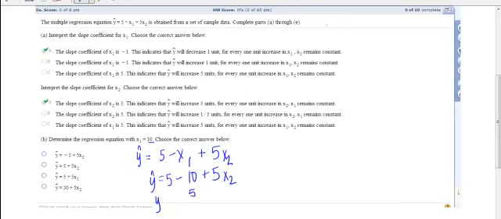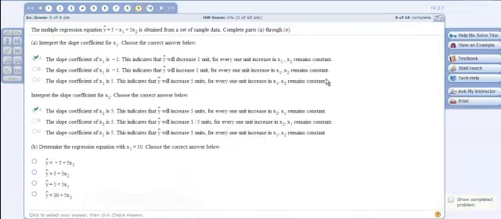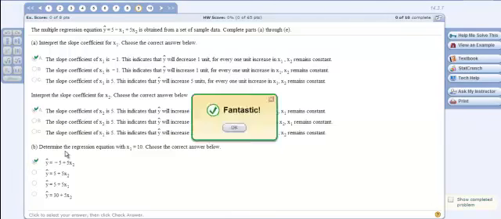So this is y hat equals 5 minus 10, which is -5, plus 5x sub 2. Let's look for that: -5 plus 5x sub 2. Let's try that one, see if it works. Good.